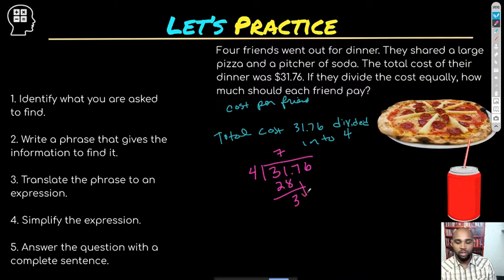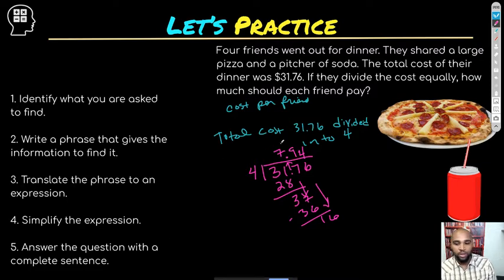Bring down our 7. And we're going to have a decimal here because that decimal's right there. We line those up. 4 goes into 37 9 times. That leaves us 1. Bring down our 6. 4 goes into 16 4 times.